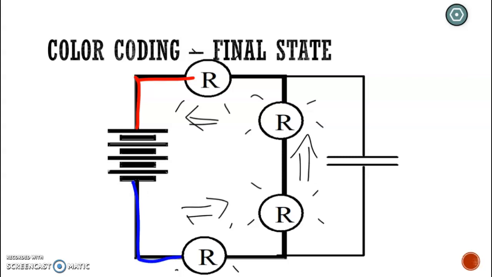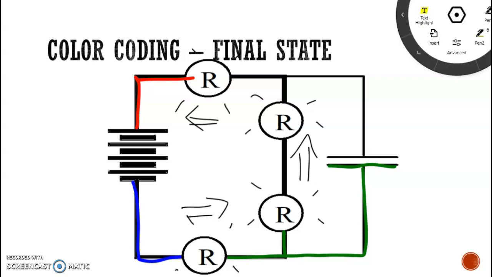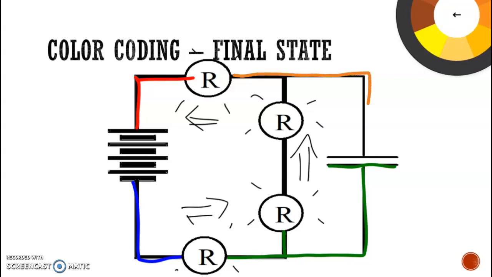But at this point, enough electrons have come into this wire to bring it all the way down to my green, and enough electrons have come out of this wire to bring it all the way up to my orange.